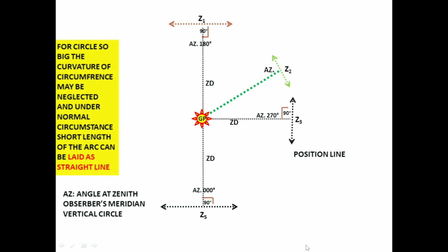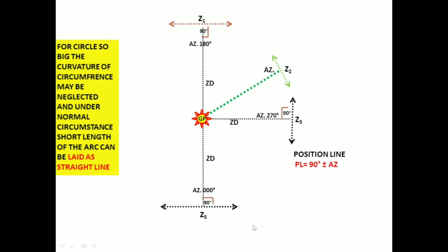Because as we said, anywhere on the circle I was having the same altitude, same zenith distance. So part of it I have taken. So I'm on this position line. But this is what is called my position line. And as you can see here, the position line is 90 degrees to its azimuth. Now there's a very fine line of distinction between azimuth and bearing.